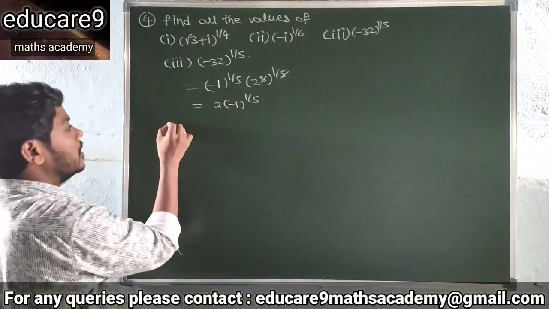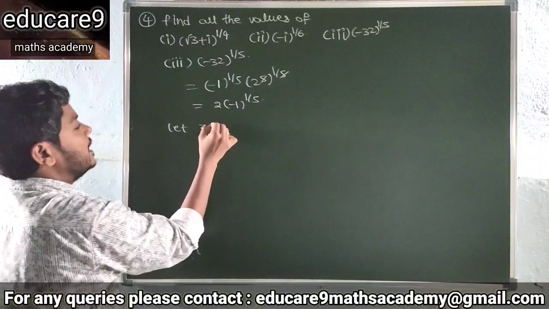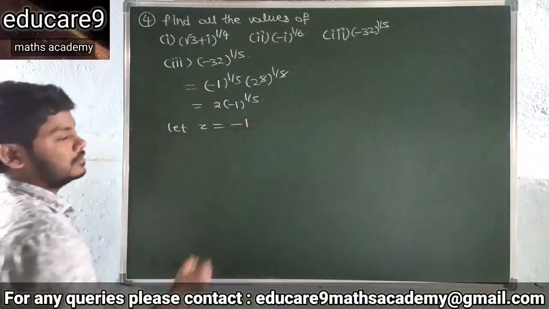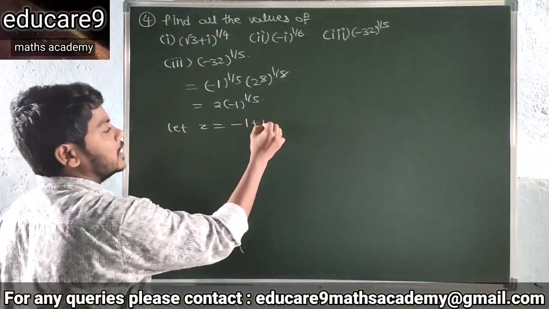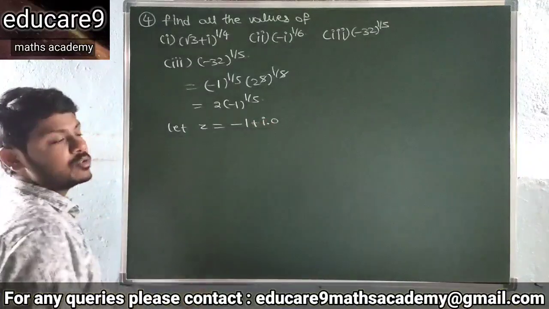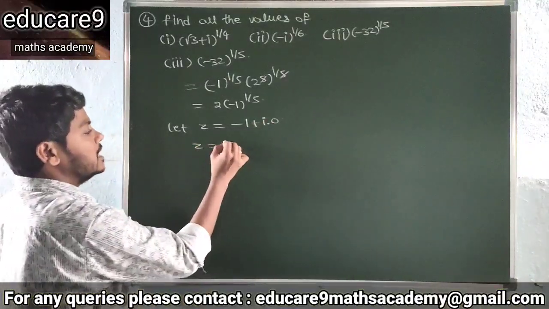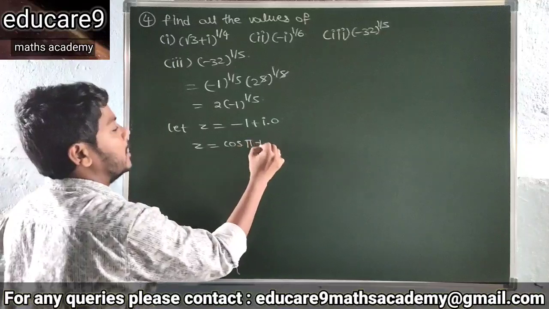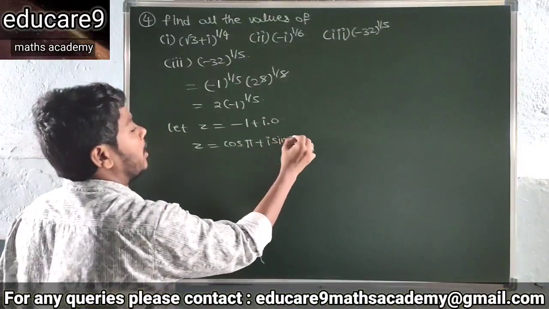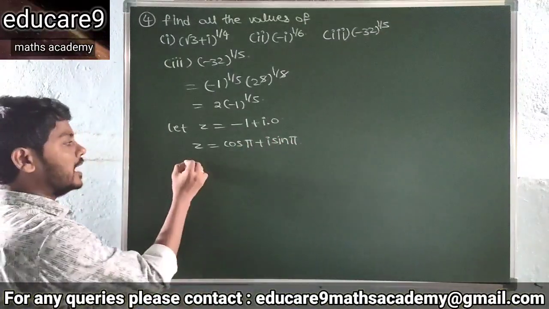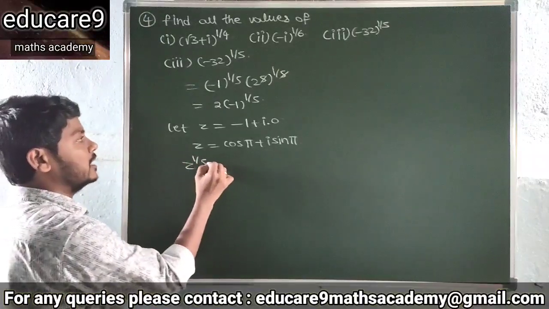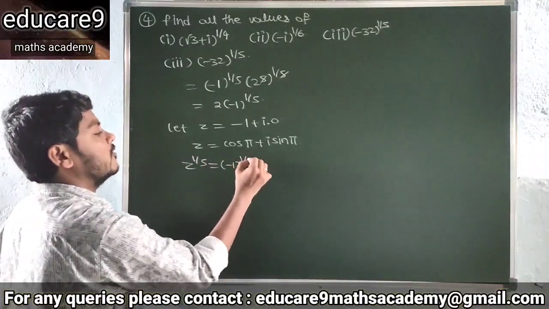See here, let z is equal to minus 1. So here minus 1 can be written as minus 1 plus i into 0. So clearly z is equal to cos pi plus i sin pi. Now take z power 1 by 5, that is (minus 1) power 1 by 5.